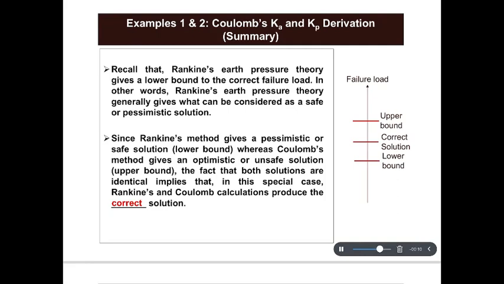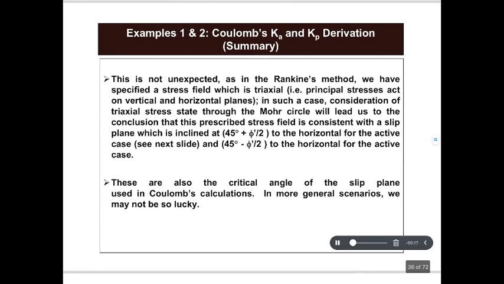And this is only valid when the problem is simple, such as when the wall is vertical and smooth, and the ground is level, as in this case. The Coulomb method and Rankine method produce the same critical angle for the passive state and the active state.